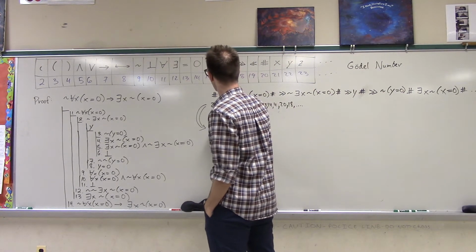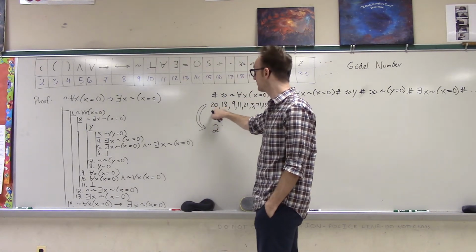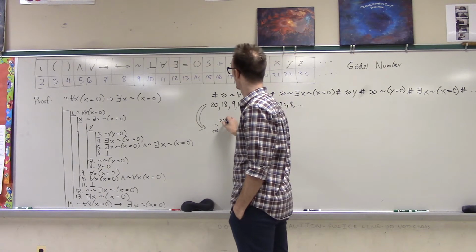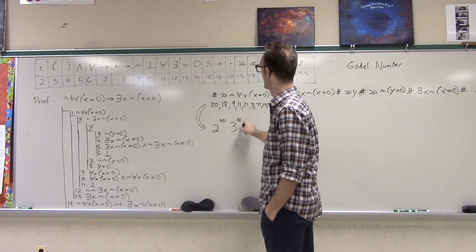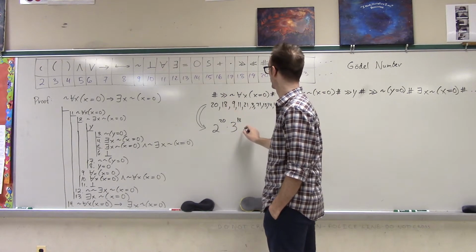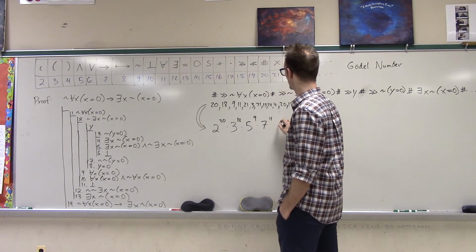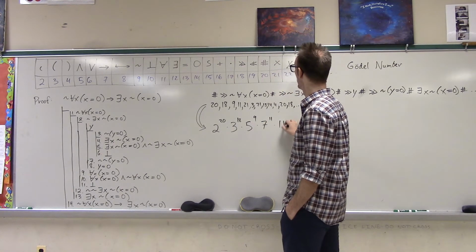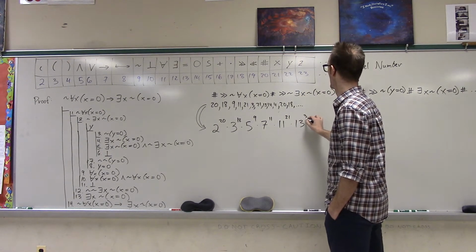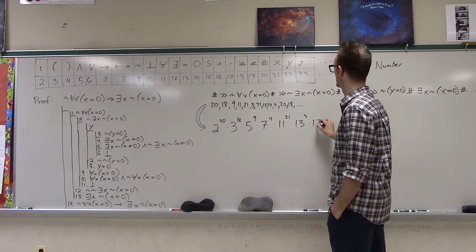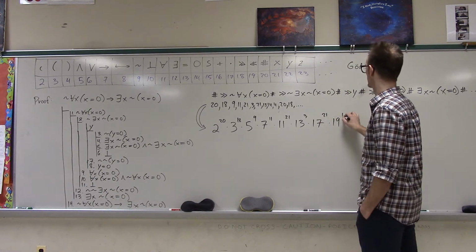And the one giant number is 2 to the power of the code number of the first character in the proof, times 3 to the code number of the second character in the proof, times 5 to the 9th, times 7 to the 11th, times 11 to the first, 13 cubed, 17 to the 21st, 19 to the 13th.